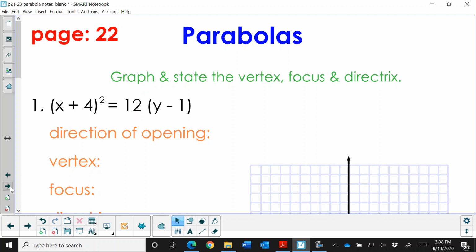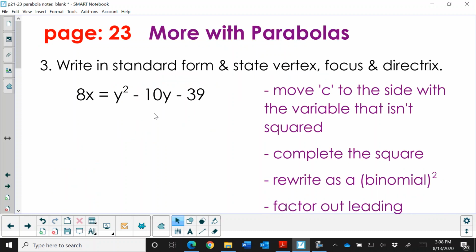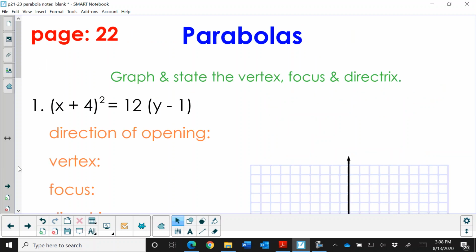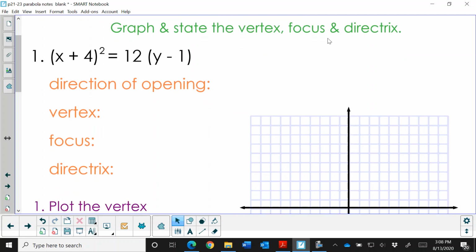Okay, so let's practice graphing these. We're going to graph and state the vertex, the focus, and the directrix. The focus, again, is that point that's equidistant from the parabola, and the directrix is the line that is equidistant from the parabola, same distance from the focus. So the first thing we want to do is decide on the direction.